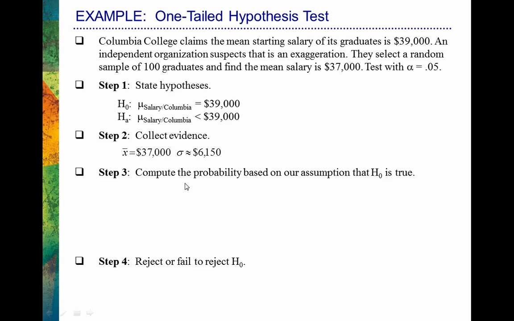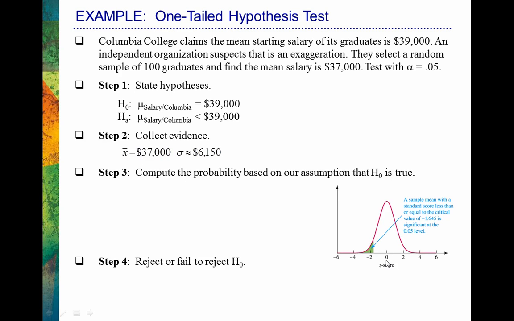So now let's compute the probability based on the assumption that our null hypothesis is true. This is what we're always doing. We're computing the probability of finding this data just by chance based on our assumption that the true population mean equals 39,000. So in other words, where in this distribution of z-scores is our sample mean of $37,000?